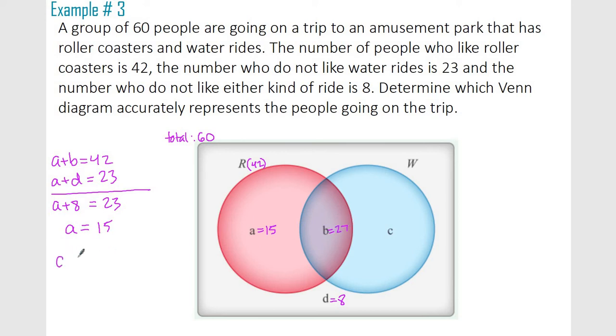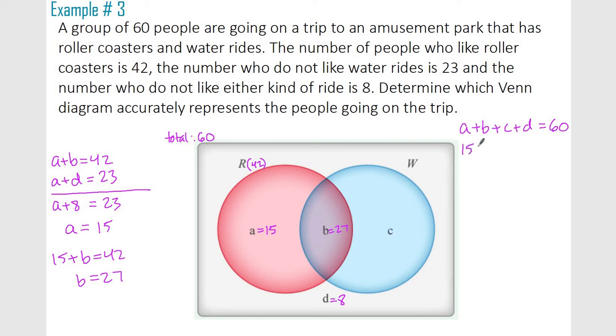Okay, so again, A is 15. I meant 15 plus B equals 42. So that's how we got B. And then we've got all the values. We know A plus B plus C plus D must add up to the total of 60.